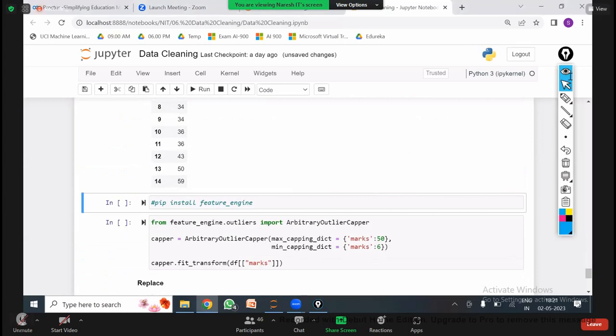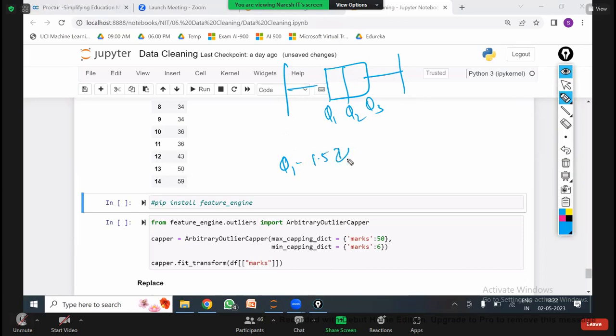How do we replace statistically? Within the box plot, this is Q1, this is Q2, this is Q3. Any value less than Q1 minus 1.5 into IQR is an outlier. Any value greater than Q3 plus 1.5 into IQR is an outlier, right?